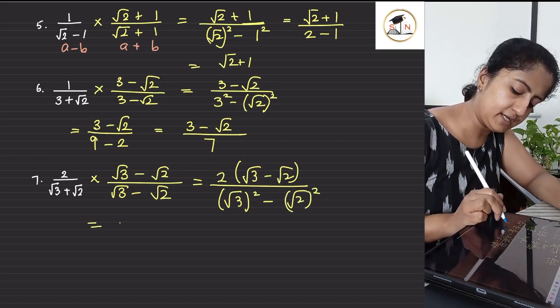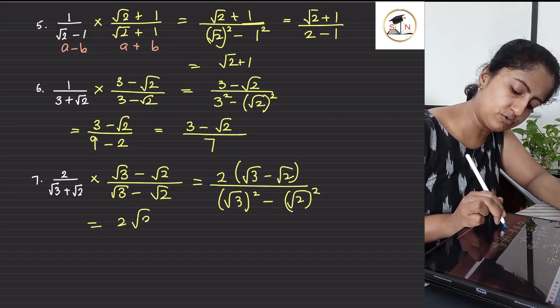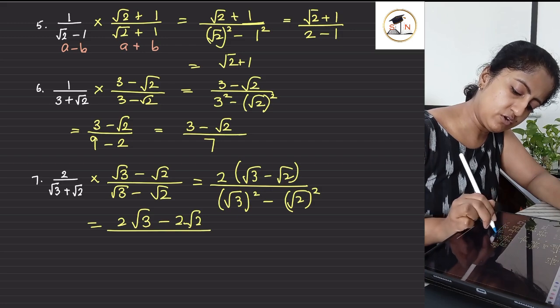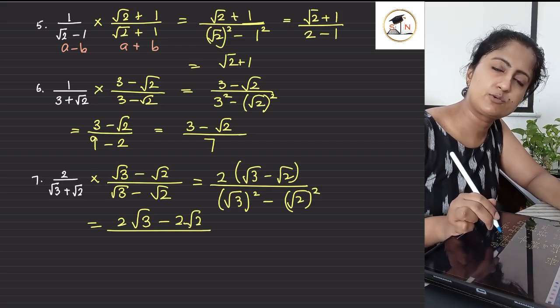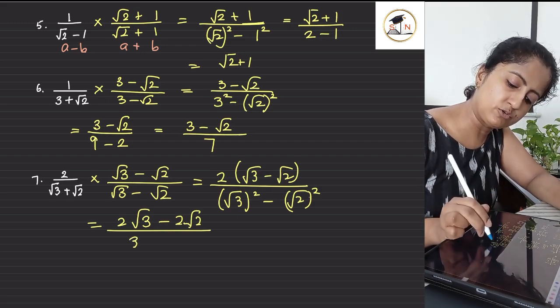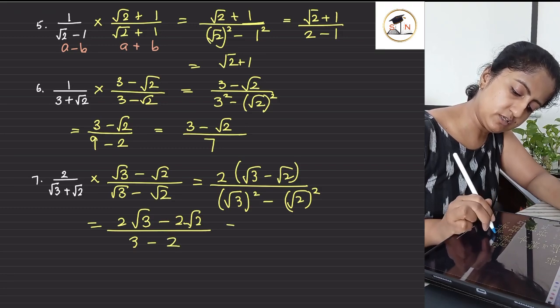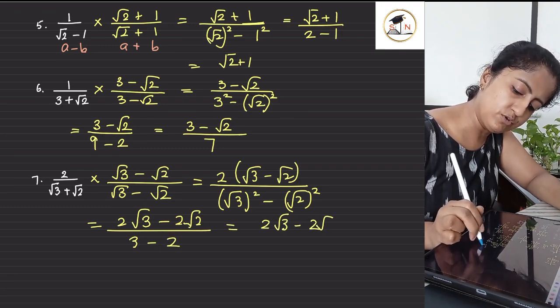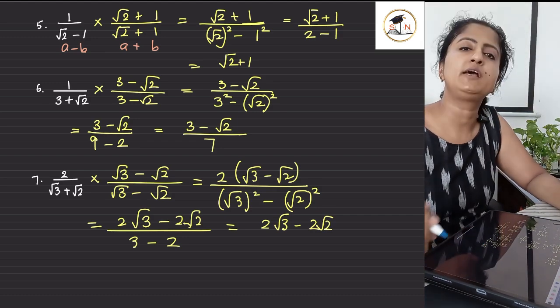I will expand the bracket in the numerator, which gives me 2 root 3 minus 2 root 2. Denominator, root 3 square is 3, root 2 square is 2. So therefore, the final answer is 2 root 3 minus 2 root 2, because in the denominator we are left with 1.